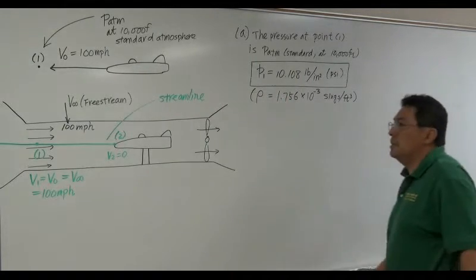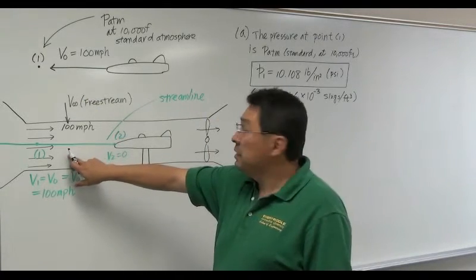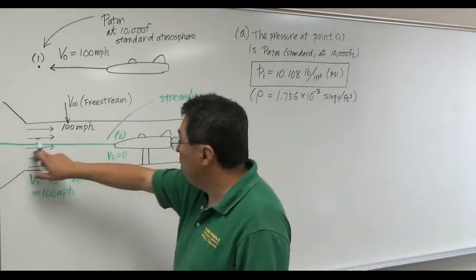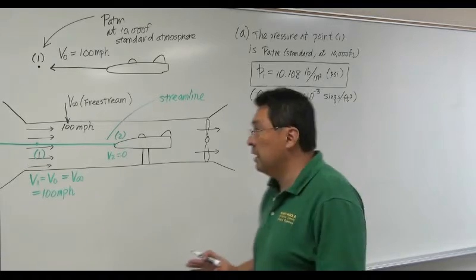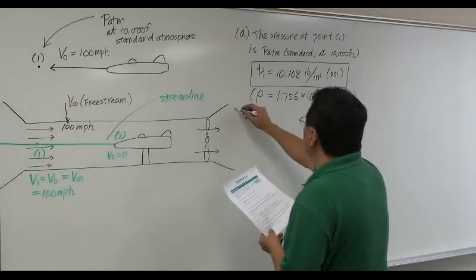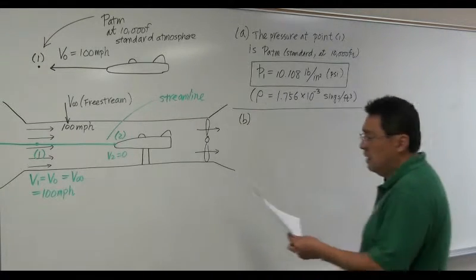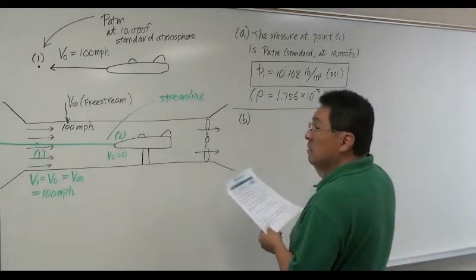This is the standard density value at this point. Since we are applying Bernoulli's equation, we assume that the density here and there doesn't change. That's why I picked up the density here. We're going to use this density later. Part B.